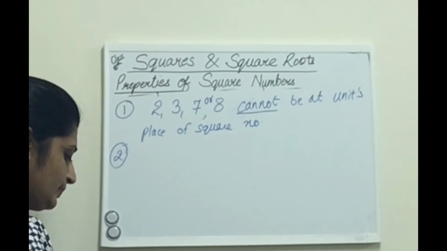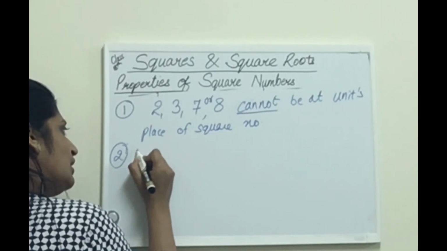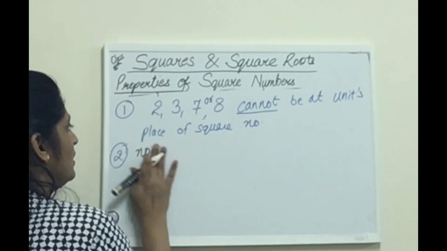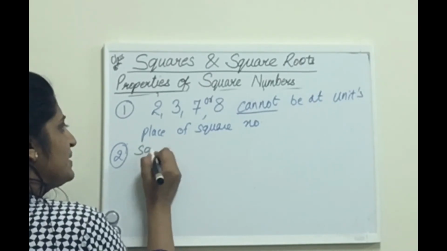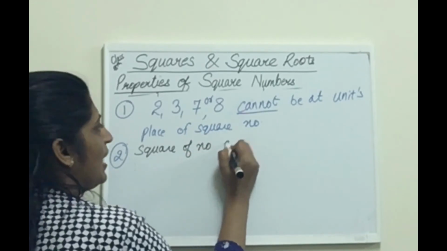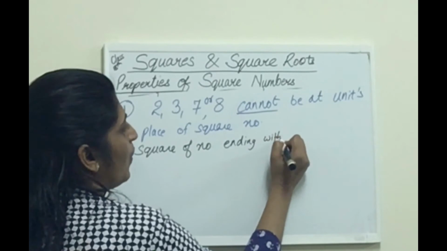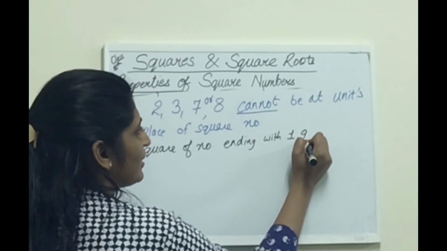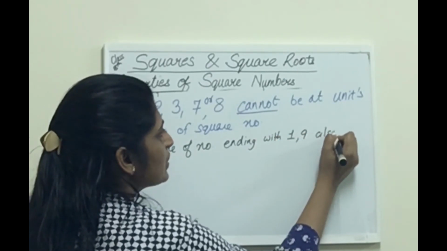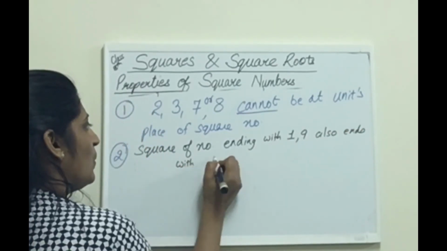Second property: the square of a number ending with 1 or 9 also ends with 1.